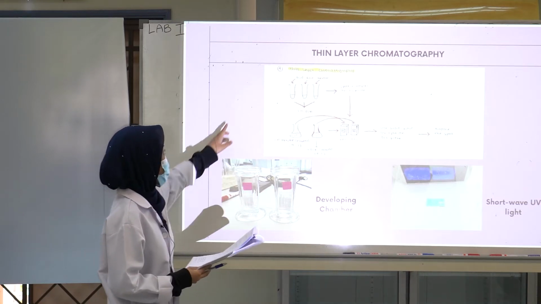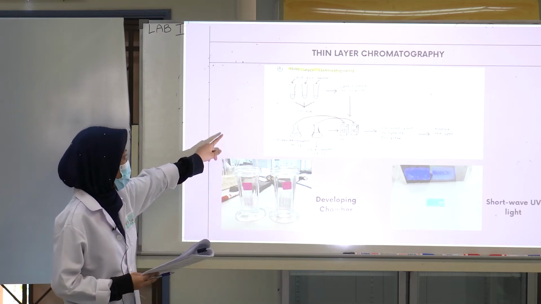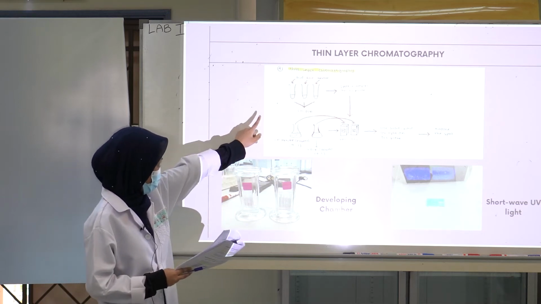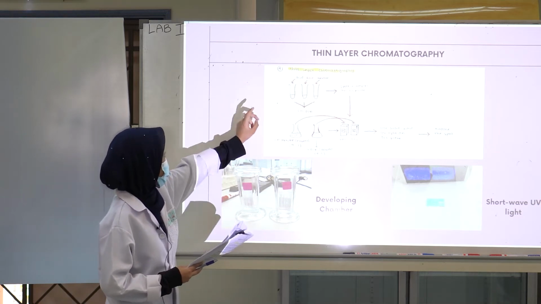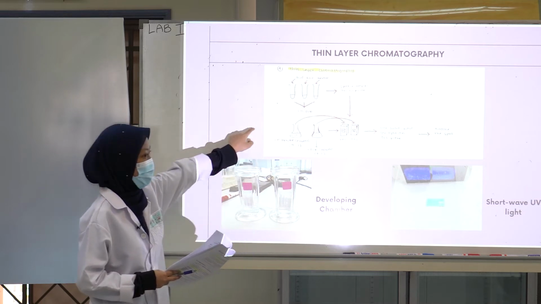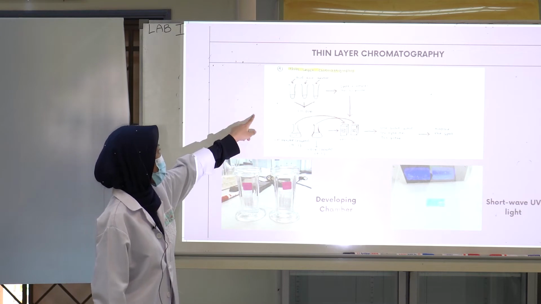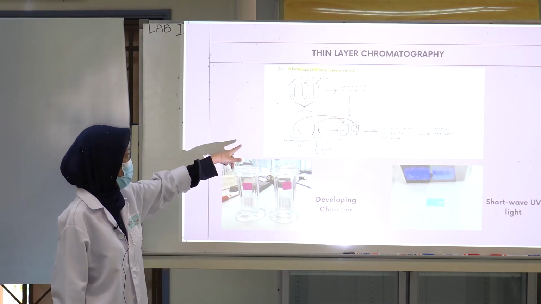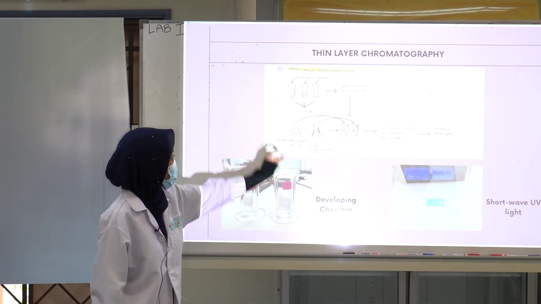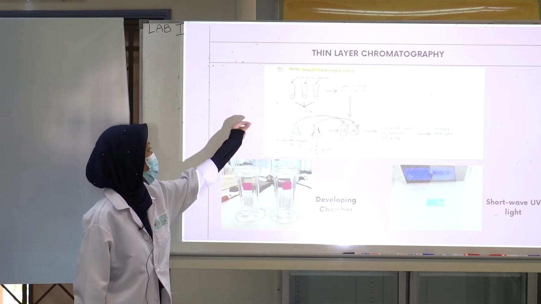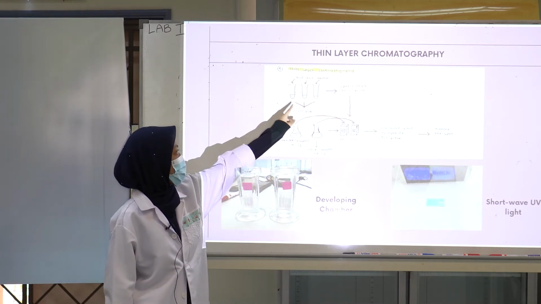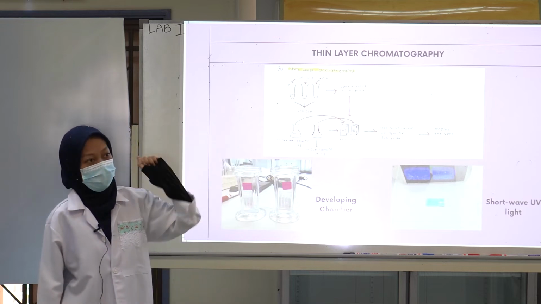So first thing, we prepare a test tube with 5 milliliter DCM, dichloromethane, and then we put a small amount of acid, base and neutral, and then we spot a droplet of each of these compounds on the TLC plate.